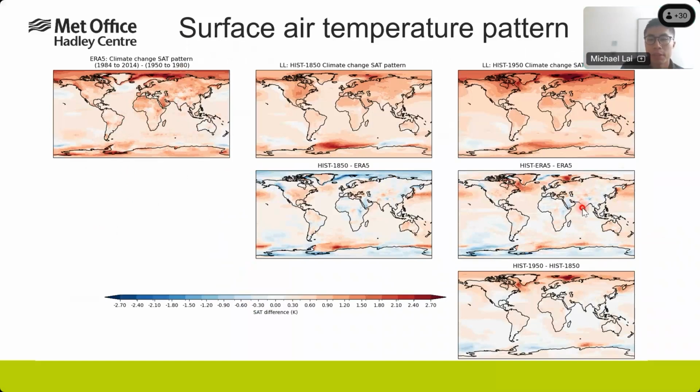In the middle panel, we showed the difference between the 1850 historical run minus ERA5 and the 1950 historical run minus ERA5. Sorry, that label's wrong. At the bottom right here, we showed the difference between the HighResMIP and the CMIP pattern. Focusing on this pattern, we see that although the time series looks similar, the HighResMIP version of the historical run doesn't really capture this warming hole pattern at all.